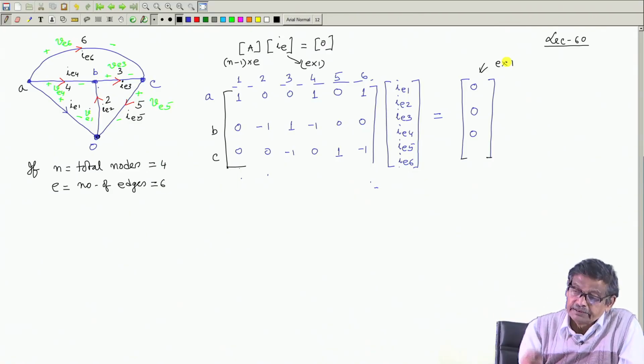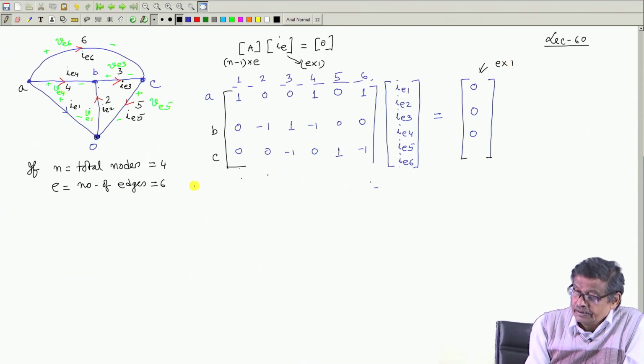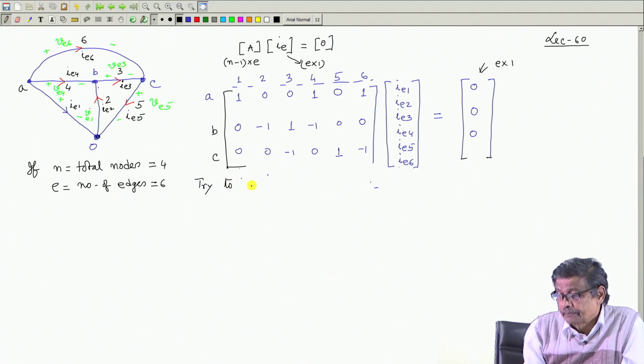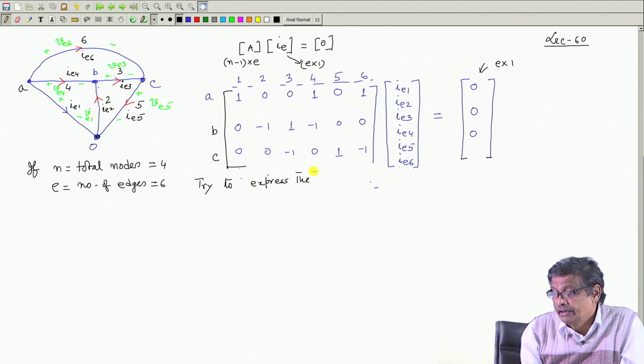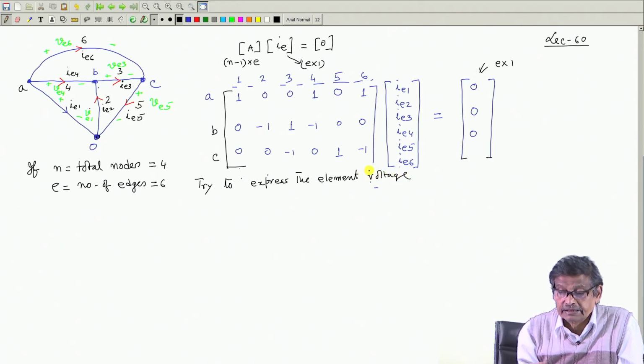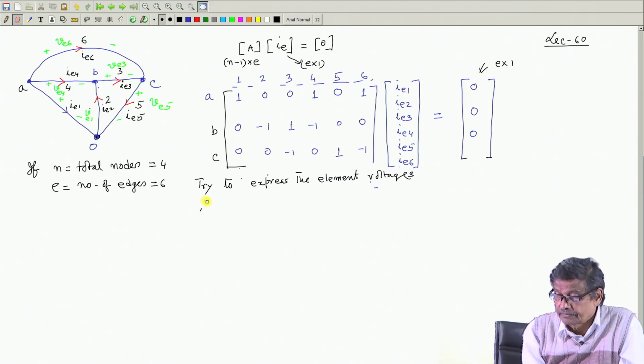Now what I will do is this: let me try to express the element voltages, that is V 1, V 2, V 3 etcetera, in terms of node voltages.